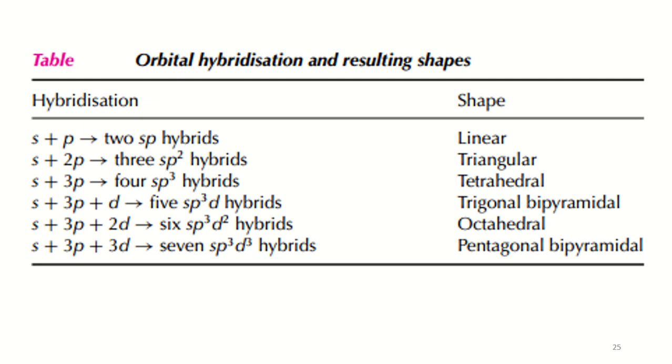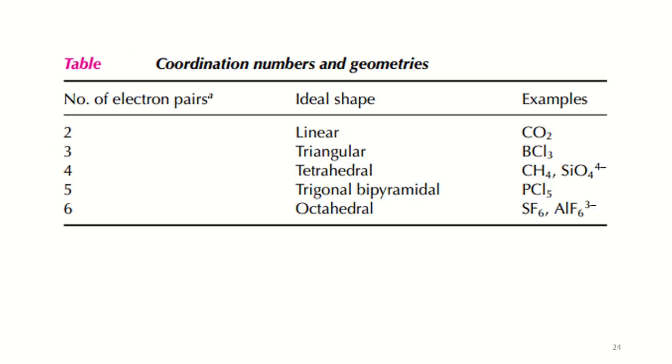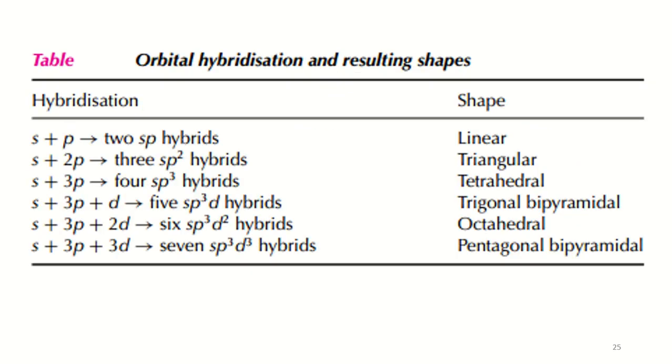We can see that the shapes are the same as those given in the previous table, but the two tables are self-consistent, since the number of occupied hybrid orbitals governs the coordination geometry. Here we can see that if one s and one p atomic orbital combine, they will form two sp hybrid orbitals which have the same energy and shape.